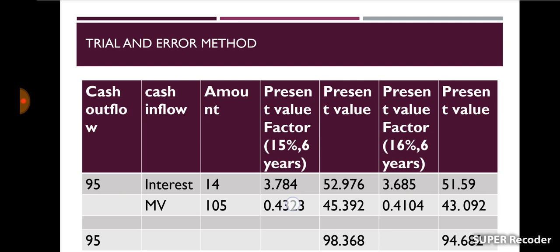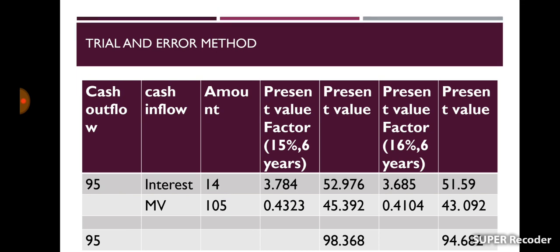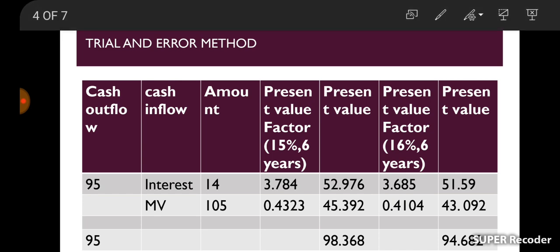So we are multiplying the present value factor at 15% for the 6th year, that is 0.4323, with 105. Then we will get the present value of ₹105 as 45.392. Then the total present value of cash inflows is 98.368 at a discount rate of 15%.